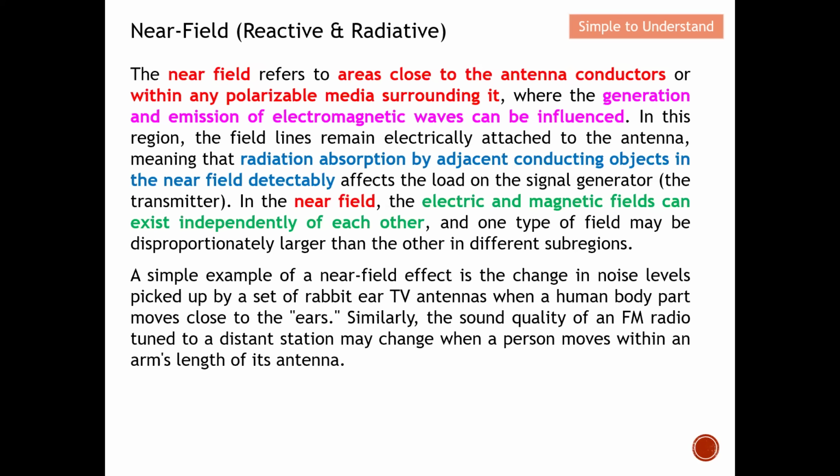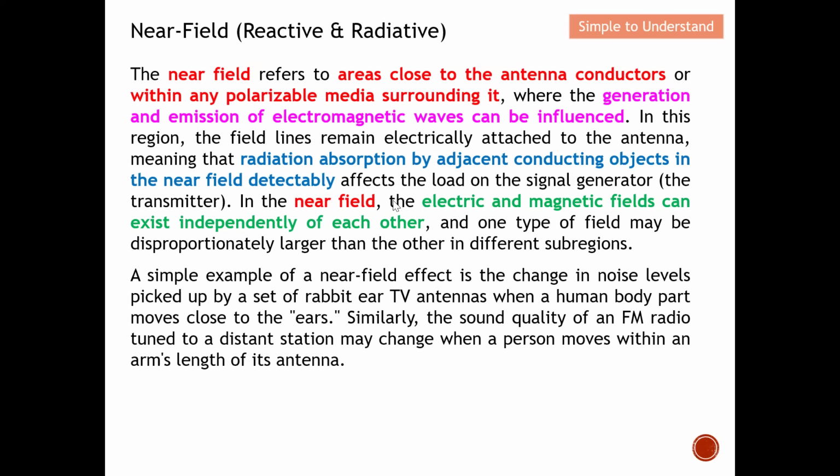In this region, the field lines remain electrically attached to the antenna, which means that radiation absorbed by an adjacent conducting object in the near field will affect the load on the signal generator. This is what I mentioned earlier. Anything nearby, especially metal parts, may affect the outcome.